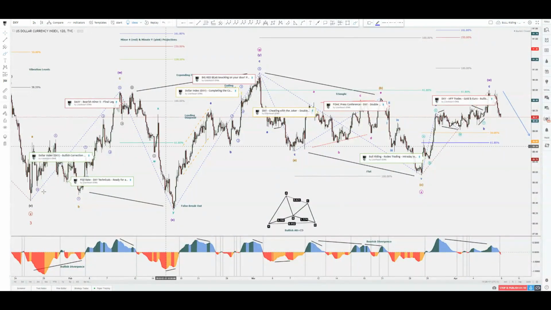So let's say right here, when the correction found its bottom and started bouncing off, I was ready for the bullish correction starting and signaling it. Right after that, I was present right about here, shooting for the bullish outcome on the dollar, basically the strength of the dollar.